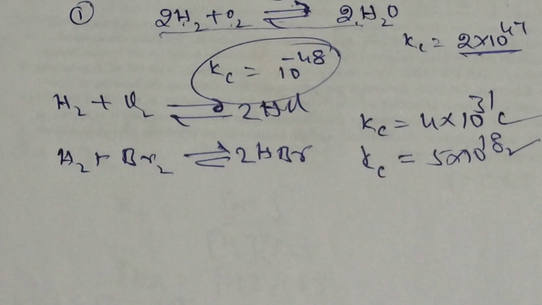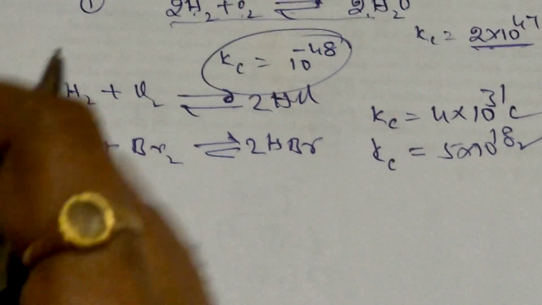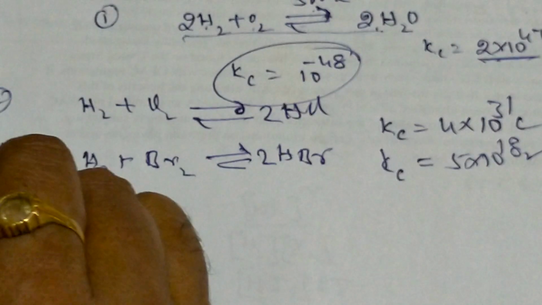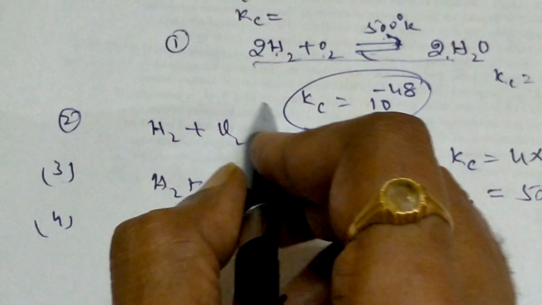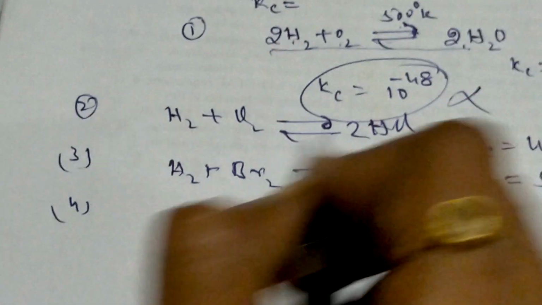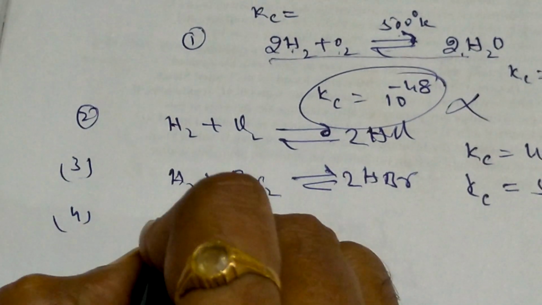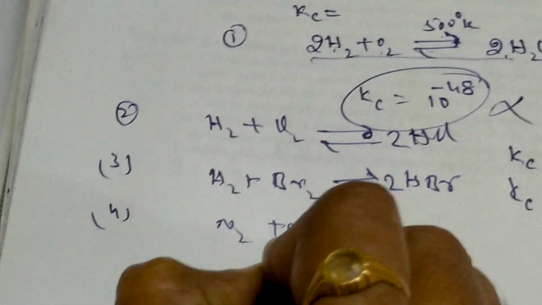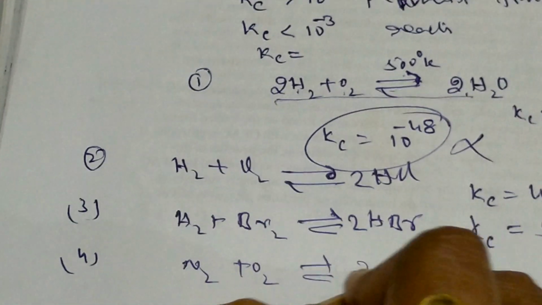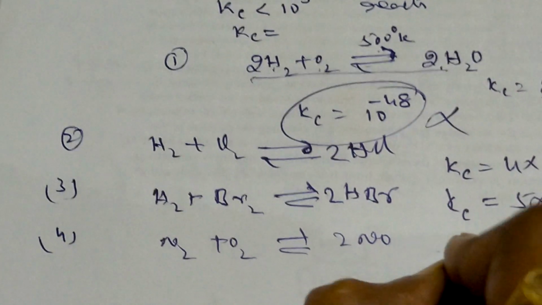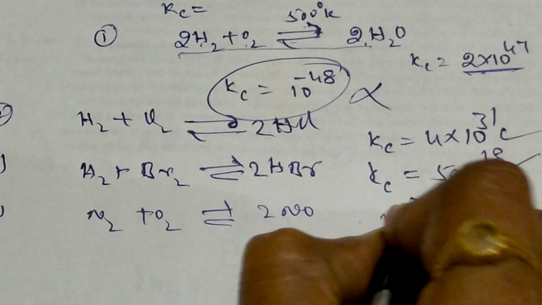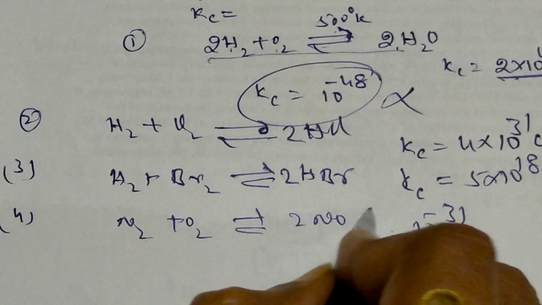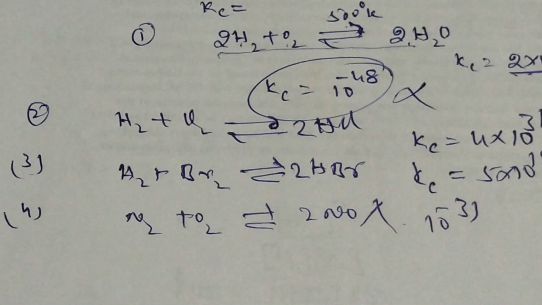Then the fourth reaction: nitrogen and oxygen gives nitric oxide, with a value of 10 to the power of minus 31. That means it is not a favorable reaction.